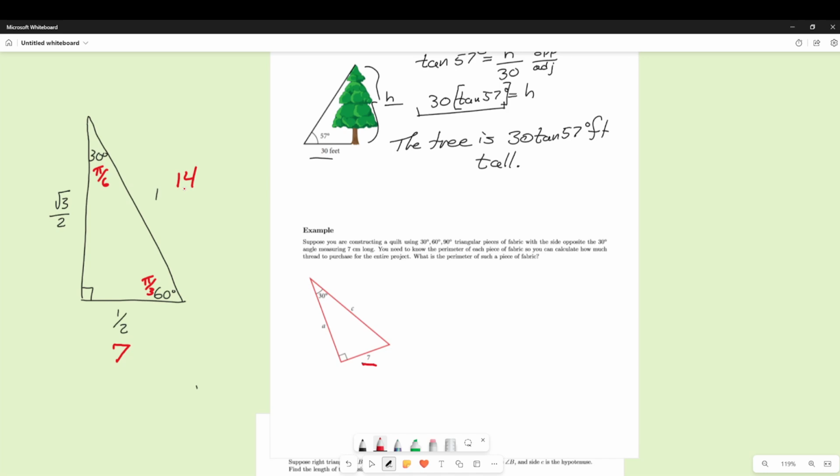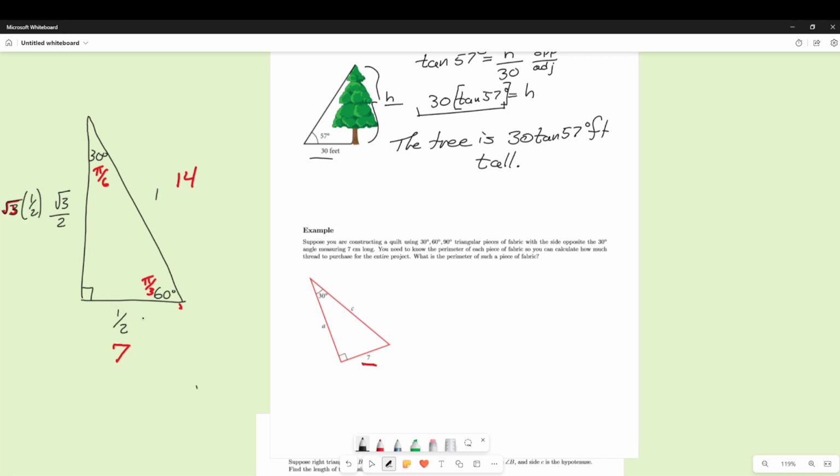Does that seem reasonable? This length is always half the hypotenuse. So if this length is 7, that hypotenuse has to be 14. You can think of this square root of 3 over 2 as the square root of 3 multiplied by 1/2.